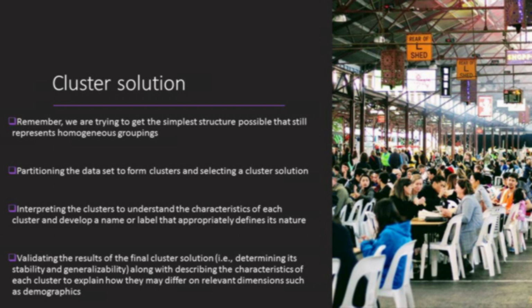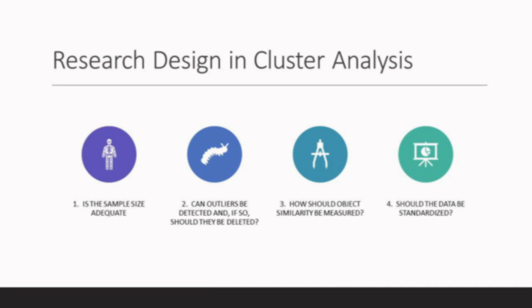Let's keep going. So research design in cluster analysis, you want to be mindful of sample size adequacy. You want to be mindful of outliers, how they should be detected and if they should be deleted. How should object similarity be measured? Again, you want to think about how you might want to sort your clusters.